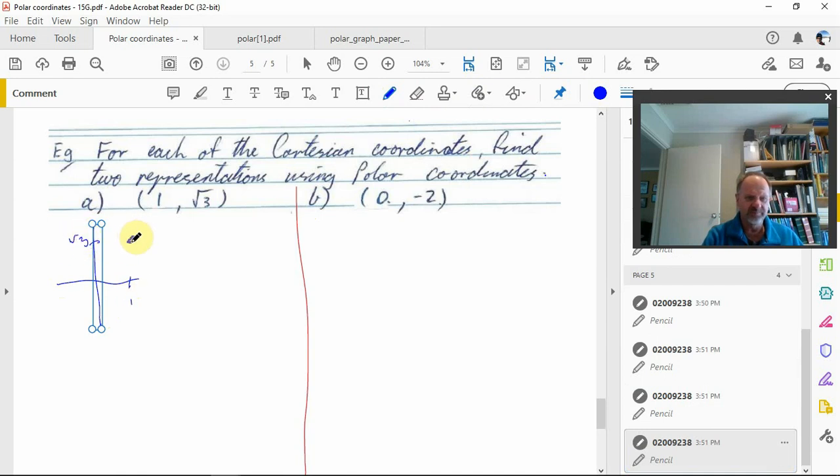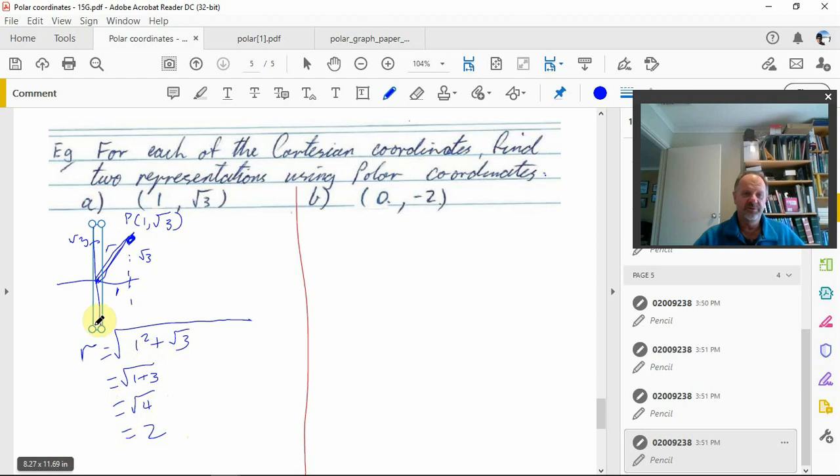So here's our point, which has coordinates 1 and √3. Our r, of course, is just our distance from there to there. If I go down here and make a triangle, then this is 1, this is √3. So to find our r, it is the square root of 1 squared plus √3 squared, which is the square root of 1 plus 3, which is the square root of 4, which is 2.